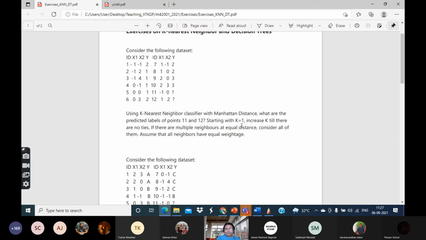By tie, I mean both classes getting equal number of votes. But there is a different kind of tie also to be considered here: multiple neighbors at equal distance. And for that, I have given you that you have to consider both the neighbors equally, at the same time.